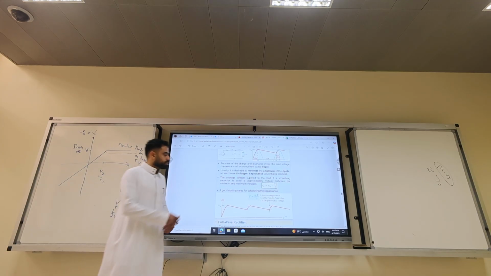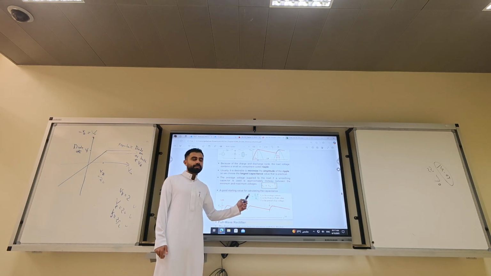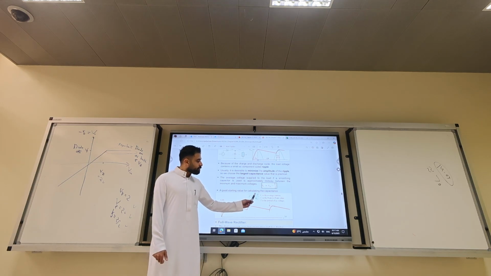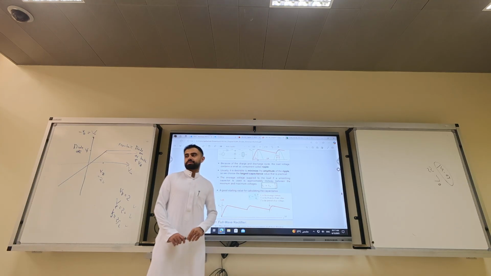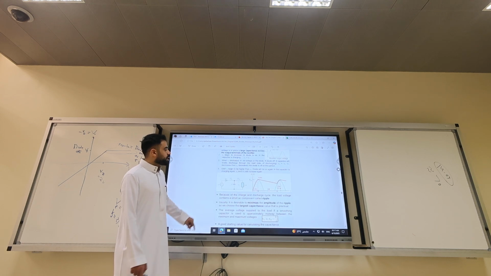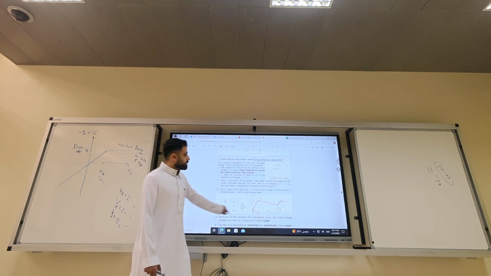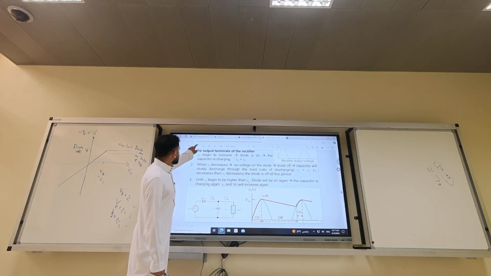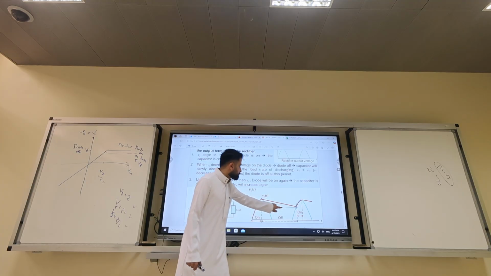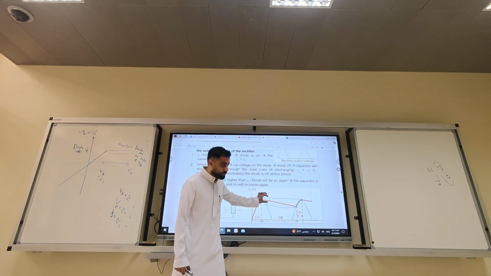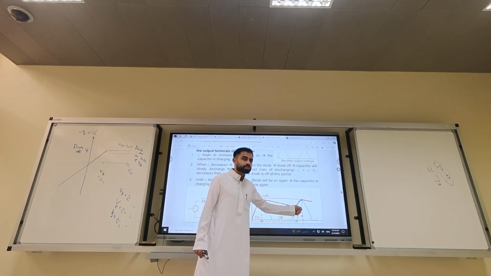So the equation to calculate how much capacitance is needed is I_L, which is the average current, times the period of the AC voltage, divided by the ripple voltage. So let's introduce the concept of a ripple voltage. What is a ripple voltage? The ripple voltage is simply the distance between this peak voltage after maximum charge, up until discharge.